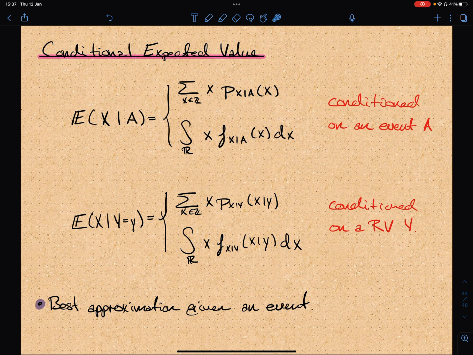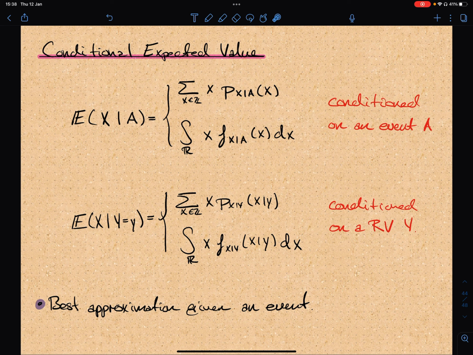And conditional expected value is a natural extension of this expected value. We can condition on events or random variables, and this conditional expected value is just the weighted average of our possible outcomes if we condition on specific events or specific random variables.